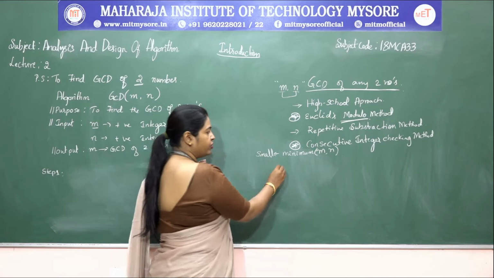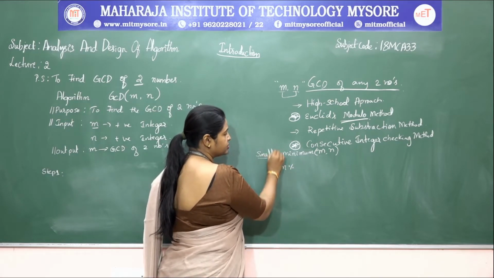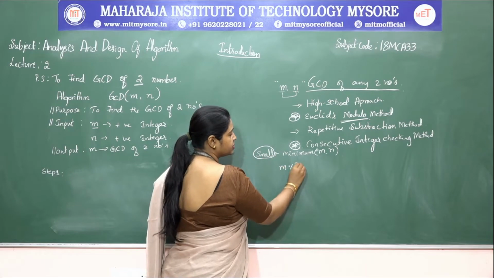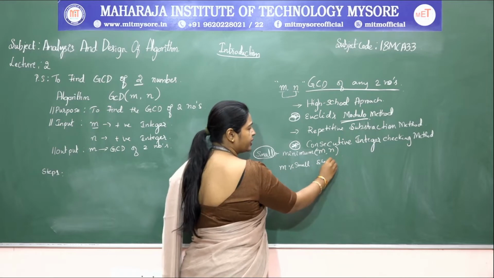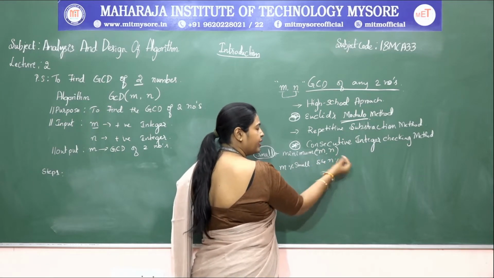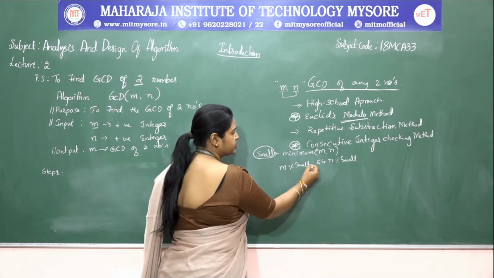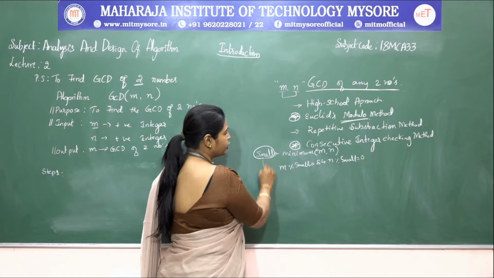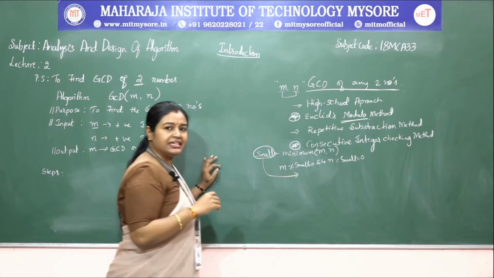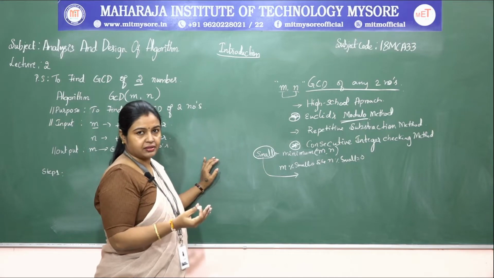So the first number should be divided by this common number, that is small, and the second number has to be divided by the small number again. If the result is 0, then we conclude that small is the greatest common divisor.